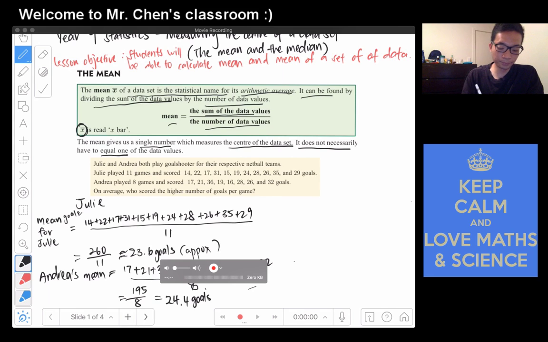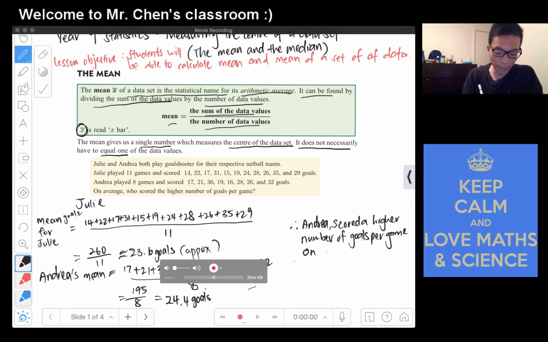Andrea scored a higher number of goals per game on average. Make sure you actually mention the on average so that people know what it means, or else they will be confused.